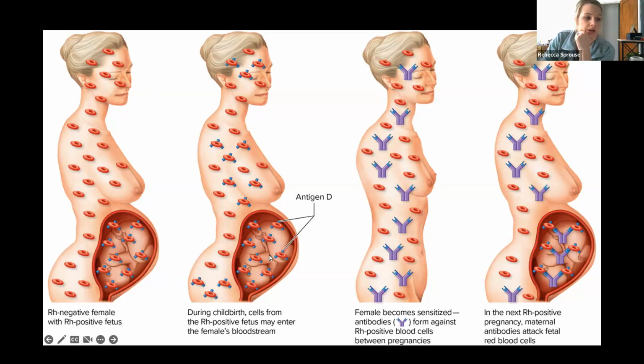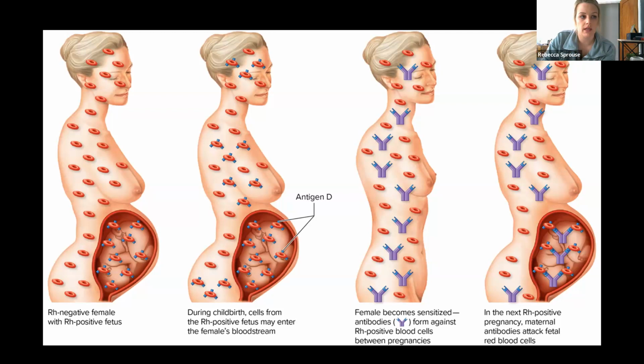Now, during childbirth, these blood types are going to mix, right? So now some of those fetal cells with antigen D have gotten into mom's bloodstream, and naturally the immune system doesn't recognize things that are foreign, that it hasn't seen before, right?